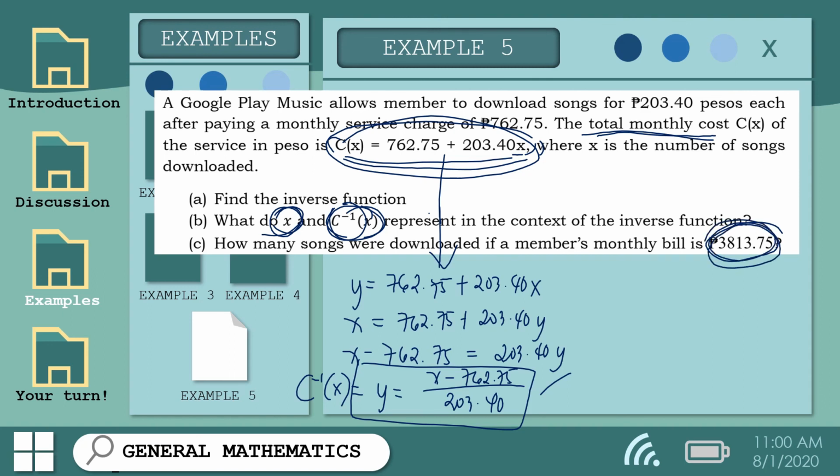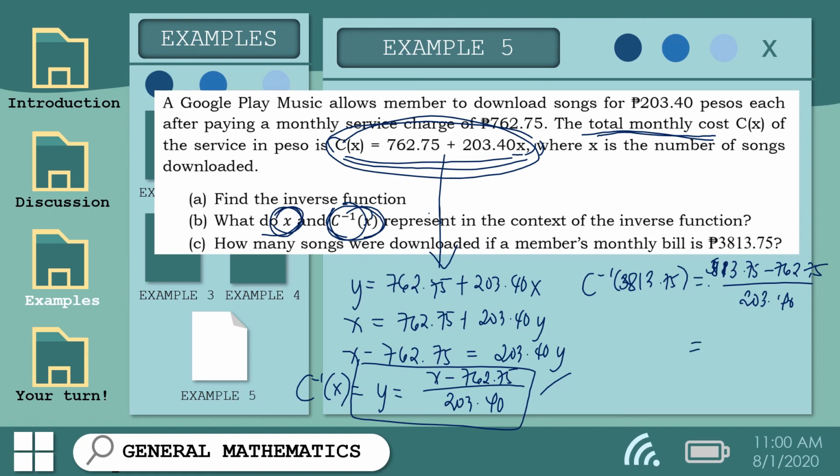Yan, evaluate lang po natin yung ating inverse function at x equals to 3,813.75. Ayan, so we will have now 3,813.75 minus 762.75 over 203.40. Ayan. So, diretso na po natin na mag-solve sa ating calculator.